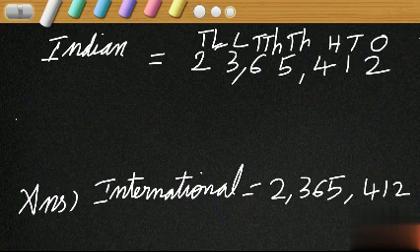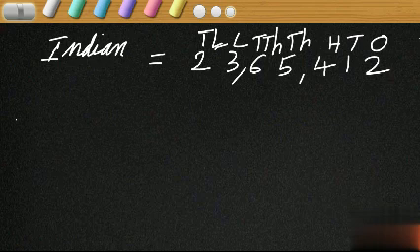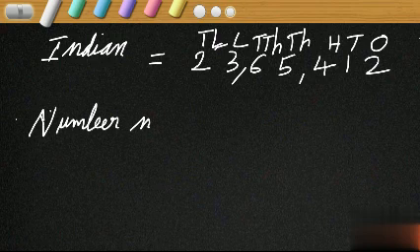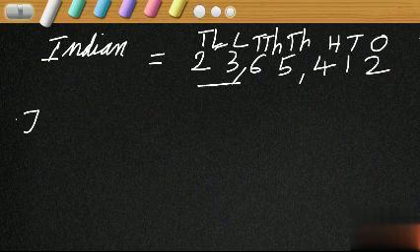So now can we write the number name in the Indian system? Which is the number name of this number? How many lakhs? Yes, 23 lakhs. Okay, write down the number name. The number name is 23 lakh.